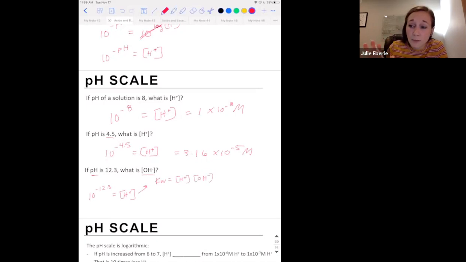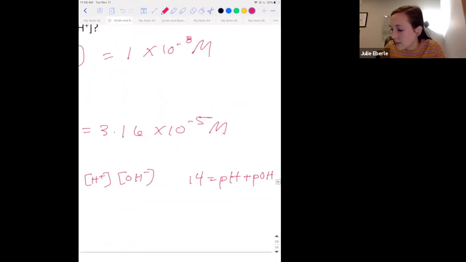Or if you do a simple step on the front end, do 14 minus 12.3. Because remember, 14 equals pH plus pOH. So we'll just take a second and say minus pH, minus pH. Now 14 minus pH equals pOH.